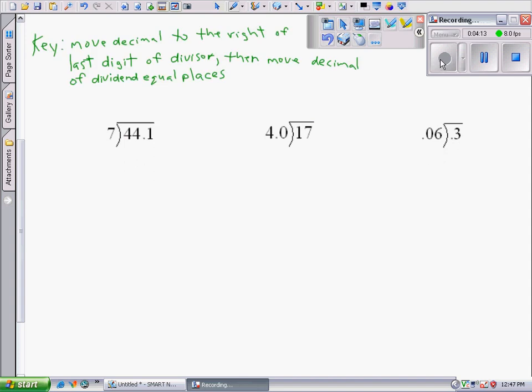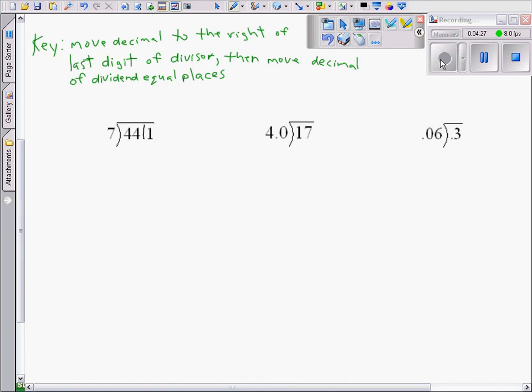Let's begin. The first problem, we have 44.1 divided by 7. Since 7 is a whole number, it already has an automatic decimal point to the right. Therefore, we can just move the decimal point directly up from the 44.1. How many times can 7 go into 44? 6.